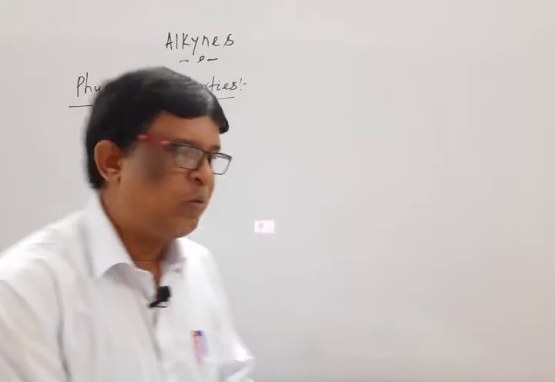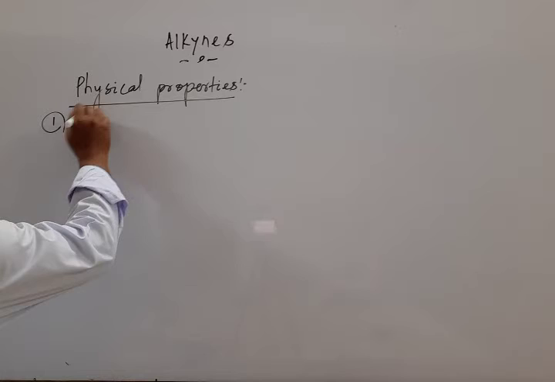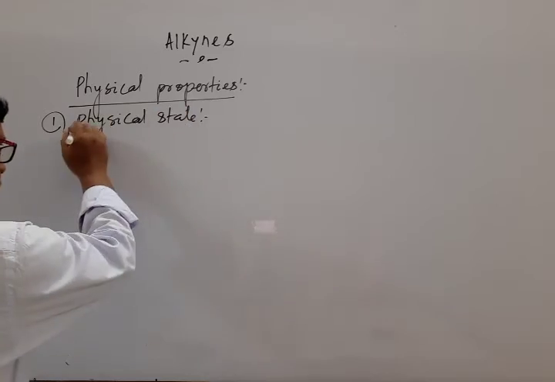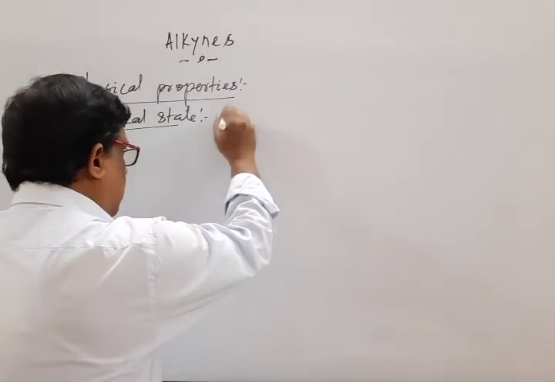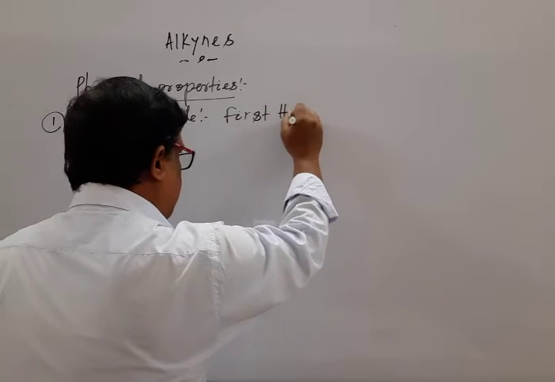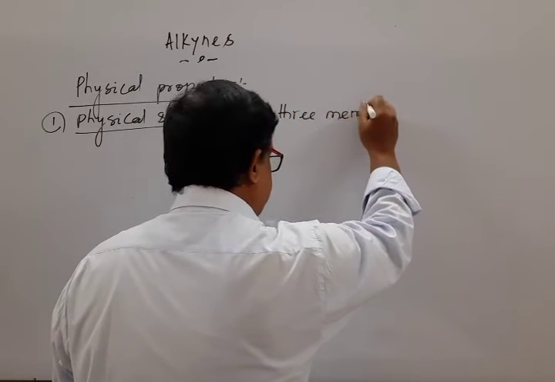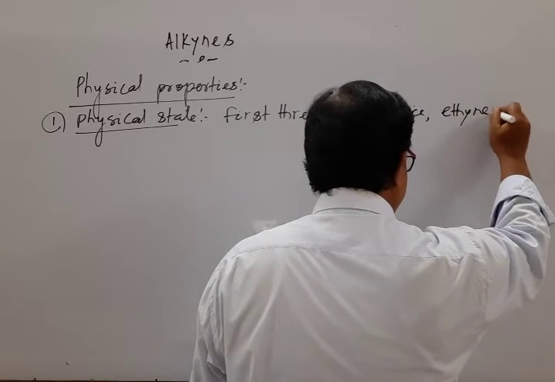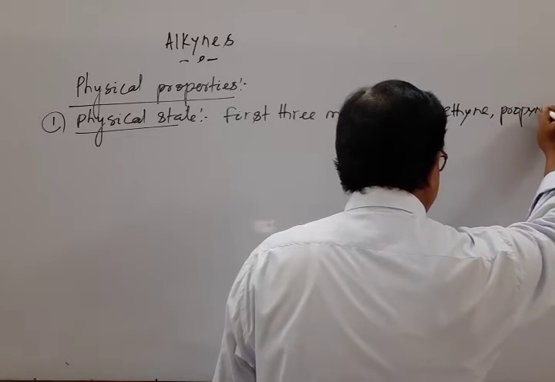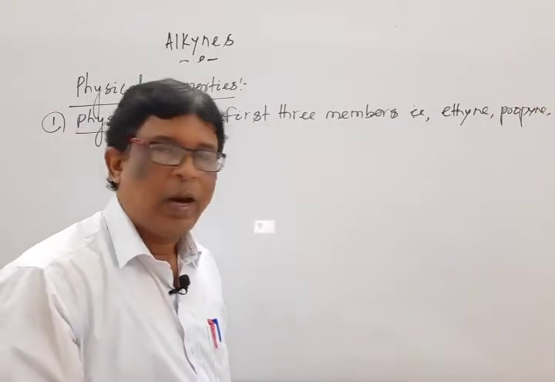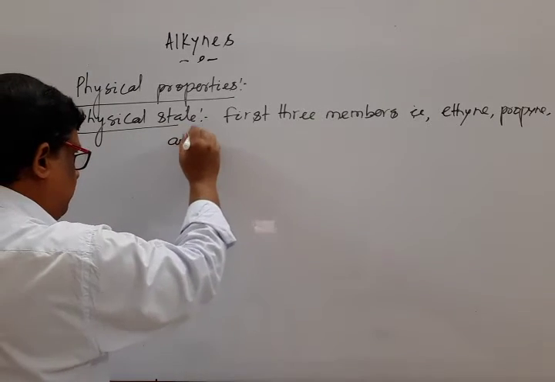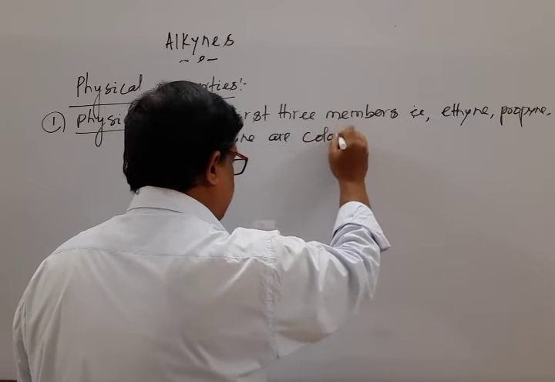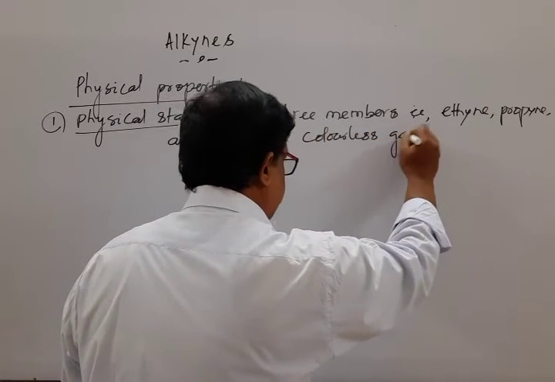Okay, so let us write one by one. First one is physical state. Note down. The first three members, that is ethyne, propyne and butyne, are colorless gases.